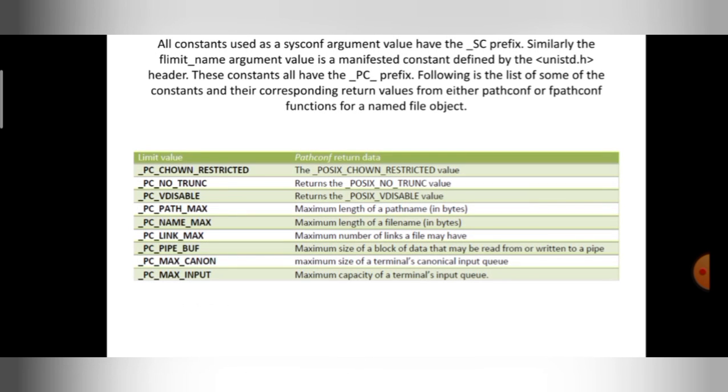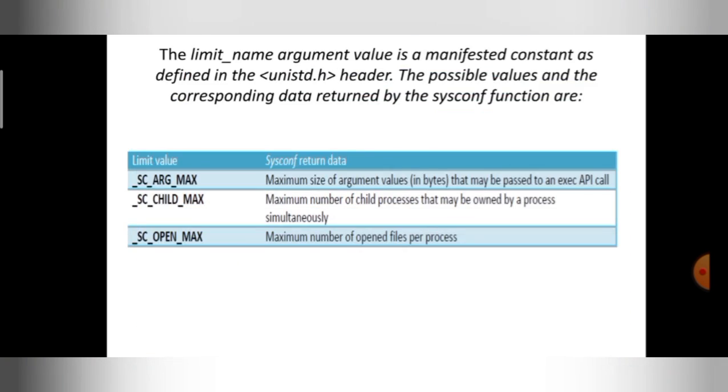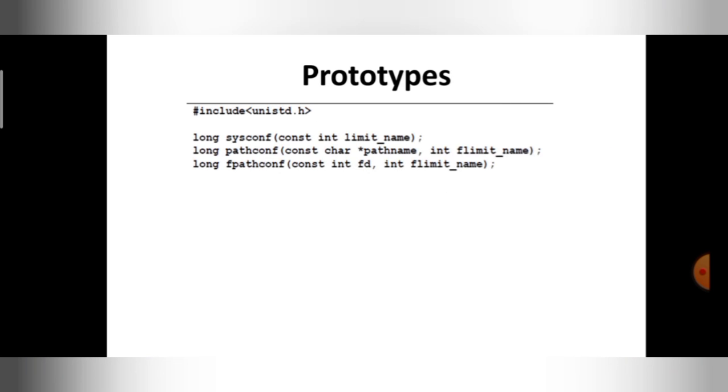So these are the values. So here, see. I already told you all constants used as a sysconf argument value have the SC prefix. So if you have an SC prefix, you can know that it is a sysconf argument. Similarly, the name argument value is a manifest constant. In the same way, see here, name is there, right?